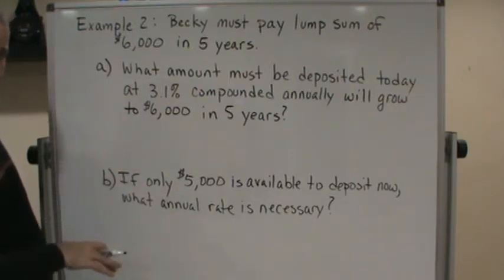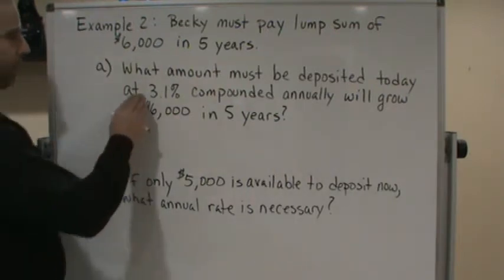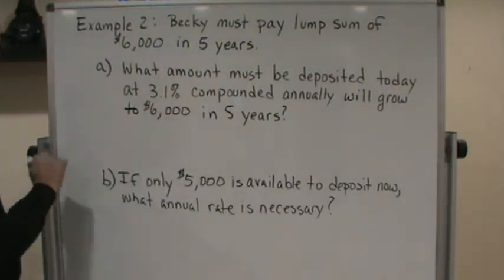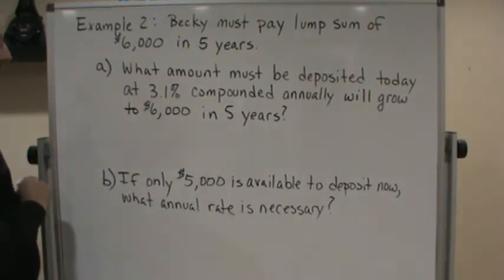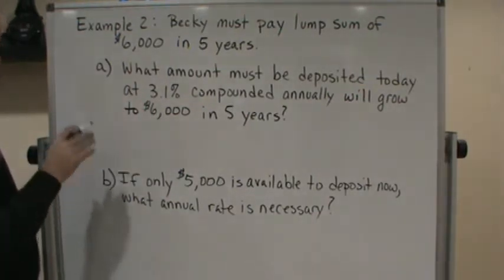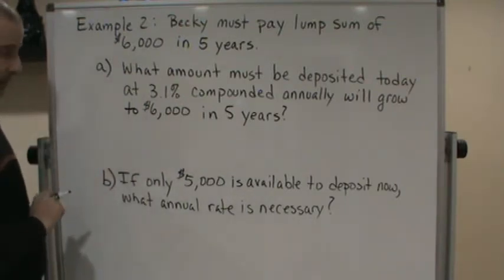Don't worry about making payments. What amount must she deposit into an account today at 3.1% interest, compounded annually, so that in 5 years she'll have $6,000 and she can pay her friend back?